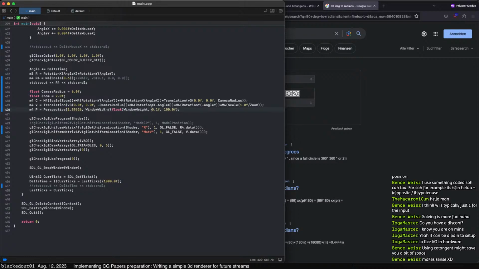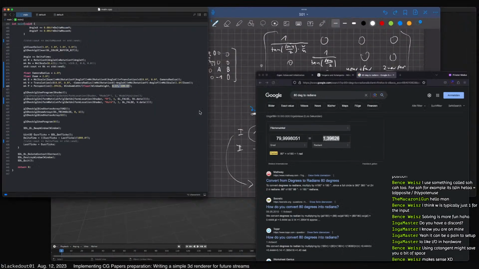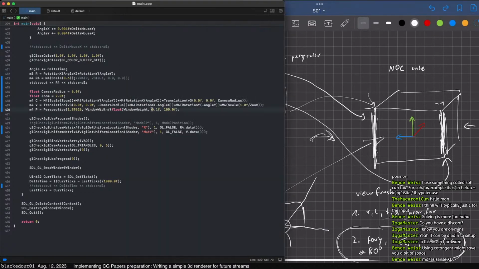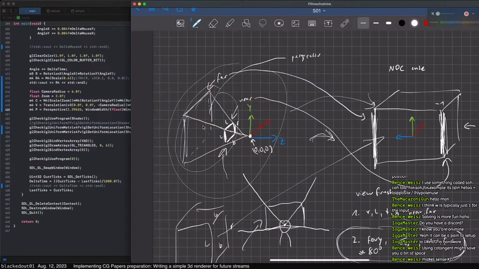So why this matters is, first of all, because of precision. Everything that is behind 100 in this case, so let's say here was a cube, but the cube was positioned at minus 200.